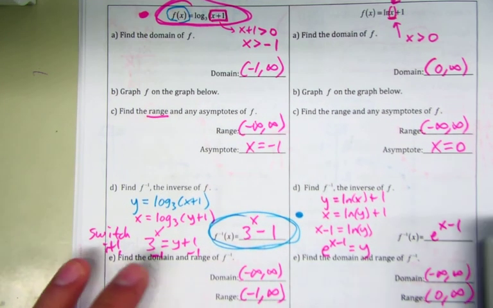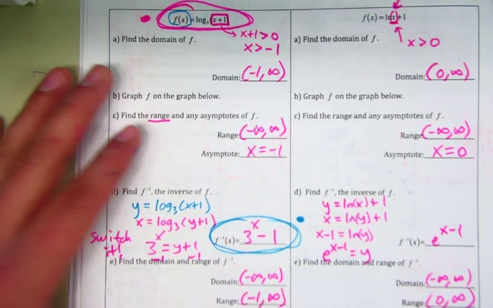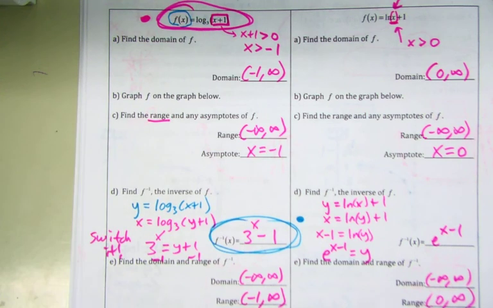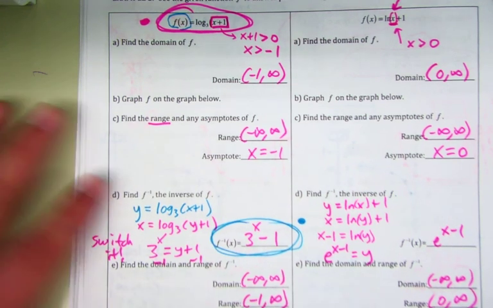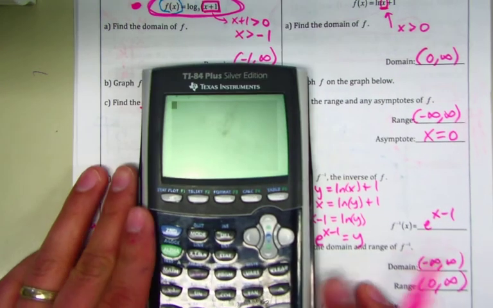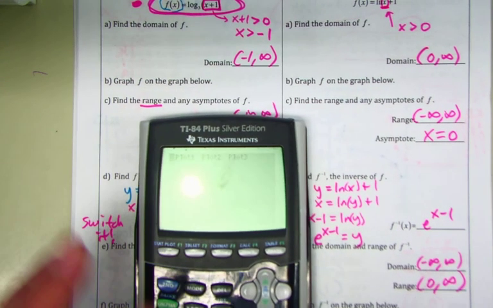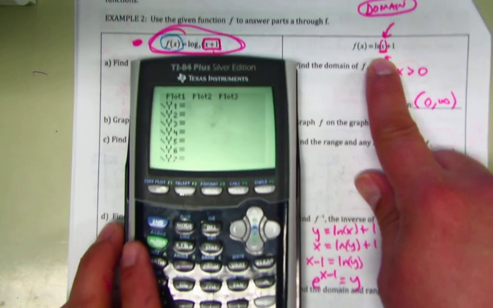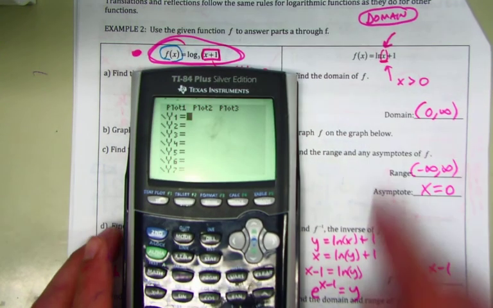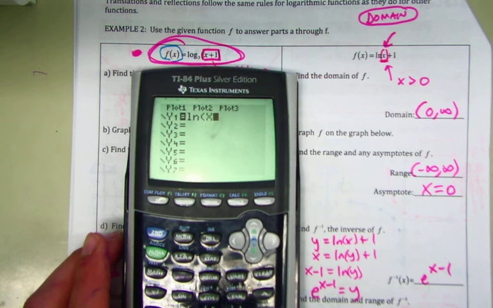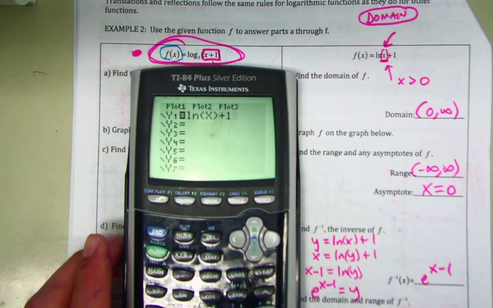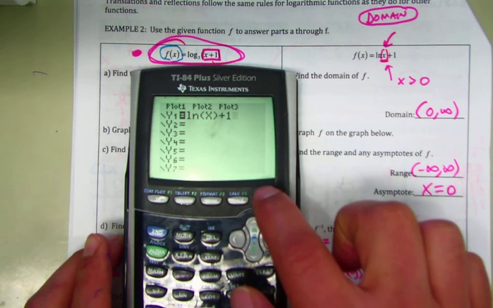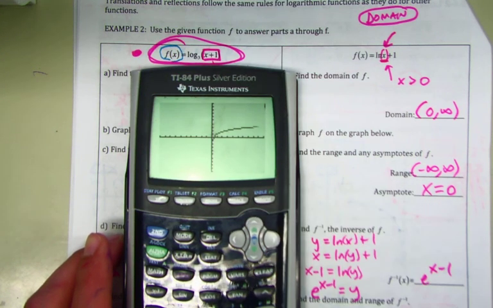All right, since we're going to run out of time here, let's talk about how to graph these on the calculator. So this is pretty easy to type in because there's a button for it, right? So we would just do natural log of x plus 1. Okay, and you can graph that. And there's a graph.